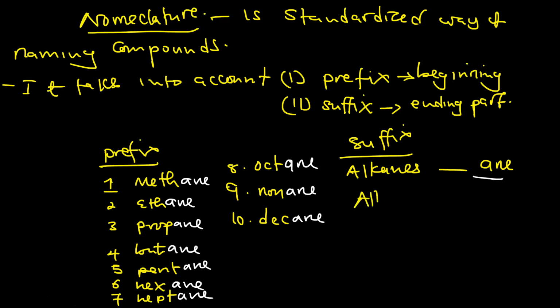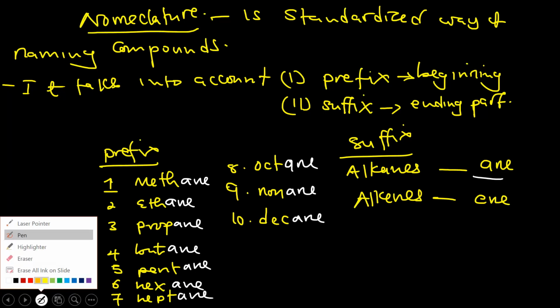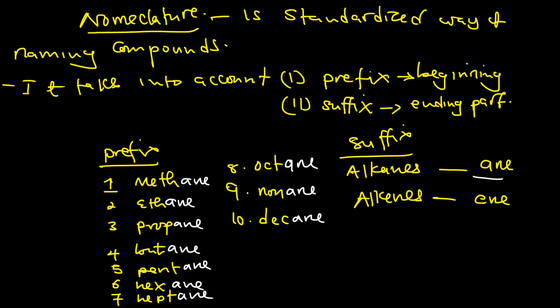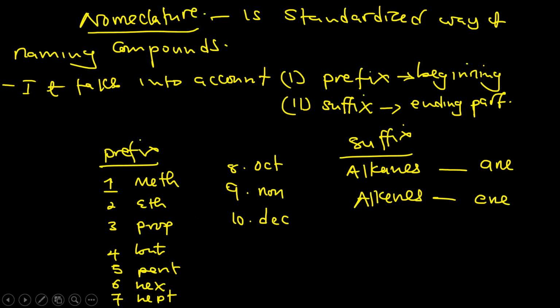But what about alkenes? What is the end part in the case we are dealing with alkenes? In the case of alkenes, the name ends with ene. There's no alkene with 1 carbon, so alkenes start from 2 carbons.